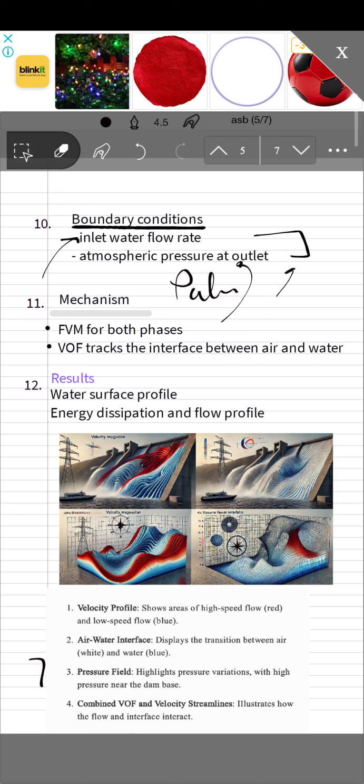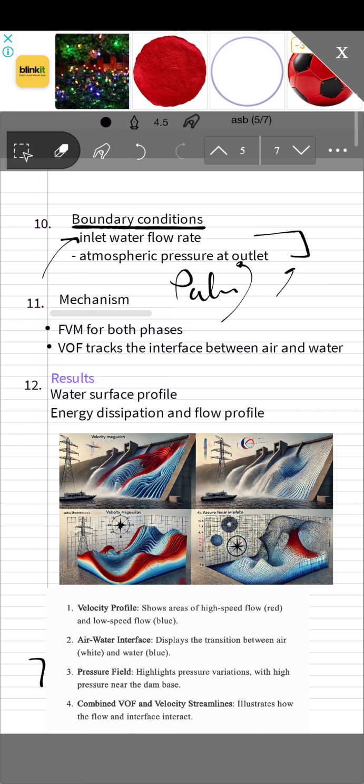You can see that there are different colors associated with different regions of the fluid. Now this is a dam, where the fluid is flowing through the dam, and there are spillways. Looking at the velocity profile, the areas with very high speed are represented by red, and the lowest ones by blue.